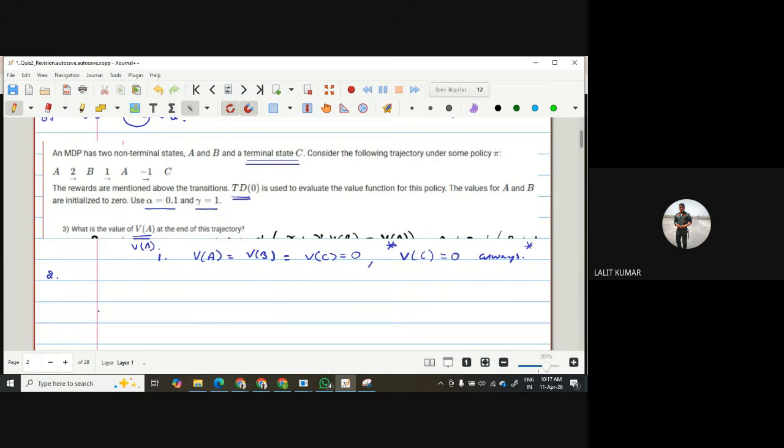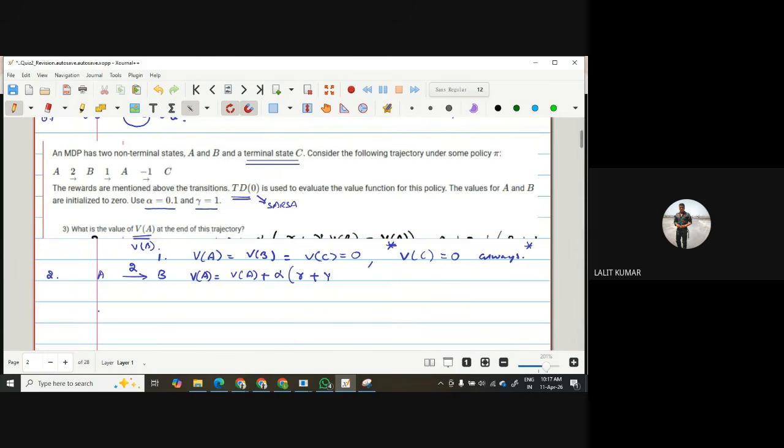Okay. Now we start the trajectory. So we go from A to B, get a reward of 2. So what will happen? VA = VA + alpha * (R + gamma * V(S_t+1) - VA). This is TD0. TD0 means it is SARSA.